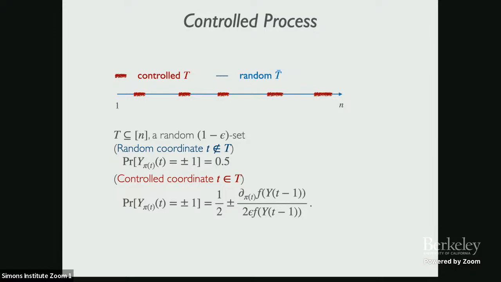If you set this goal, you can calculate these numbers. It's going to be half plus or minus the partial derivative of the function with respect to the variable exposed at this point, divided by 2 times epsilon times the value of the function evaluated at this point. And this epsilon is used to compensate for the fact that you only have epsilon probability to play.